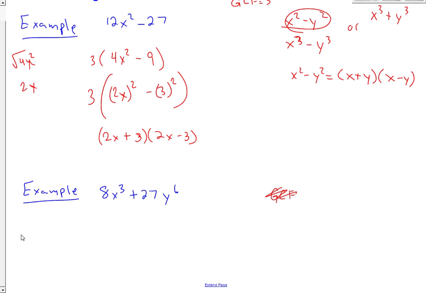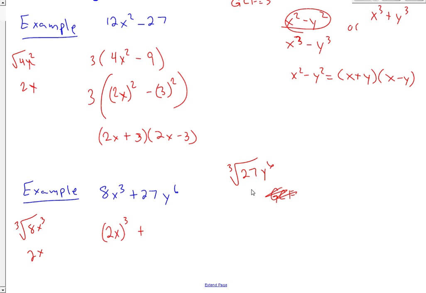So I need to check, can I take the cube root of 8x to the third? Cube root of 8 is 2. Cube root of x to the third is x. So that's the same thing as having 2x quantity to the third. Okay, now can I take the cube root of 27y to the sixth?